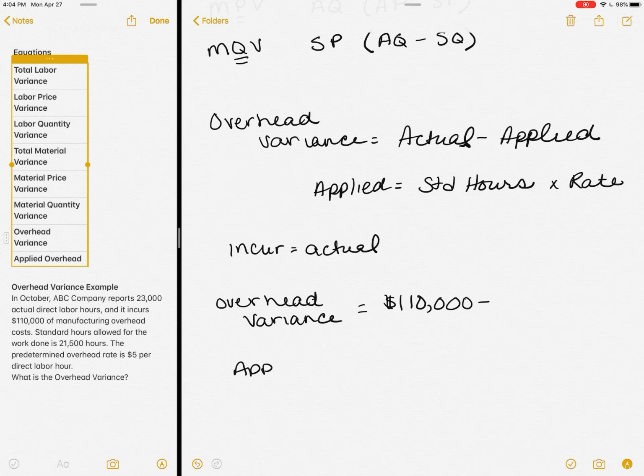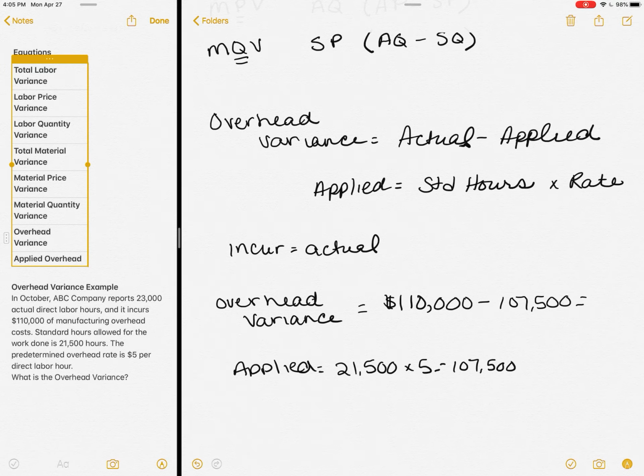So my applied amount is going to be that 21,500 times the $5, or let me do a little math here, $107,500. So I'm going to put that in here, find that difference.